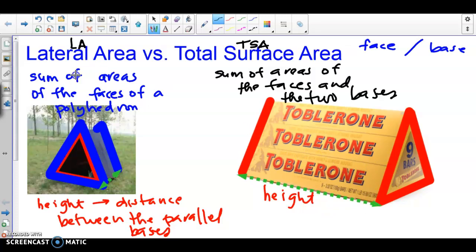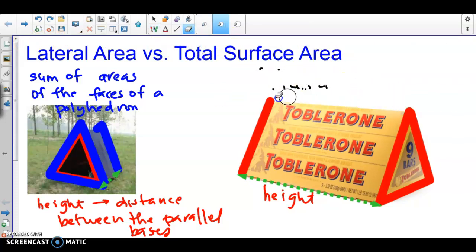Well, here it has a lateral area because it doesn't have a cover here in the front and at the back. So how do those definitions affect the formula for the lateral area? Okay, let me clean this up so we'll have more space to write on.